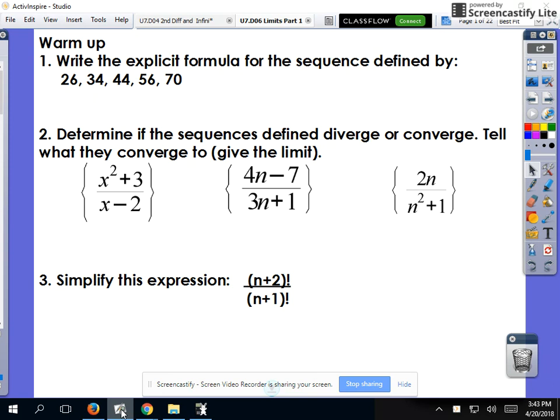All right, for the first one, hopefully you got to see a little bit beyond just these numbers and how they work. Let's check and see if it's first and second differences first.